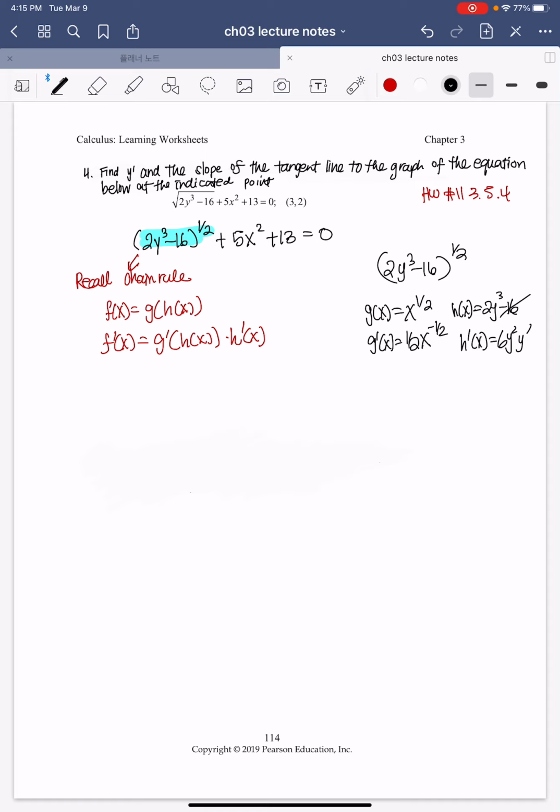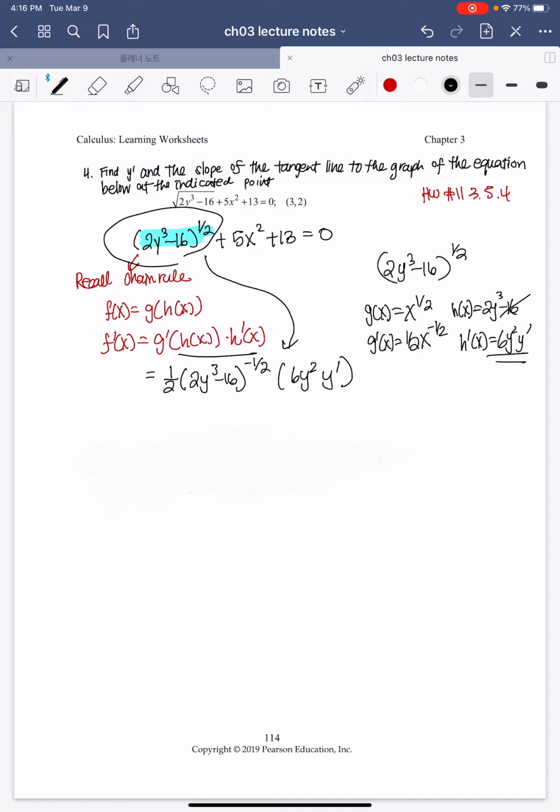So the derivative of this term will be g prime of h of x times h prime of x, which is 1/2 (2y cubed minus 16) raised to negative 1/2 times 6y squared y prime. That will be my derivative for my first term. So let me rewrite it: 1/2 (2y cubed minus 16)^(-1/2) times 6y squared y prime.